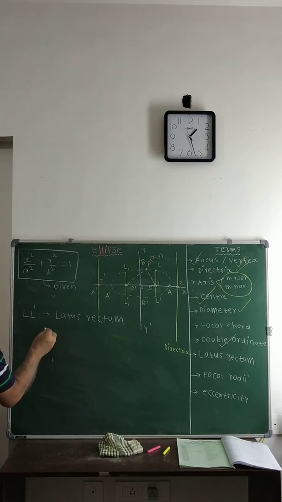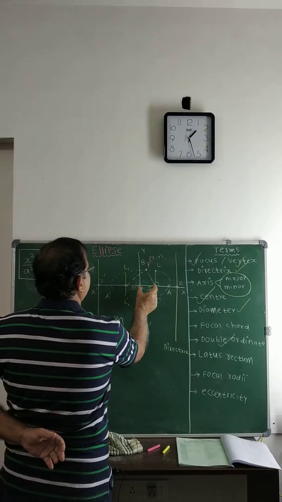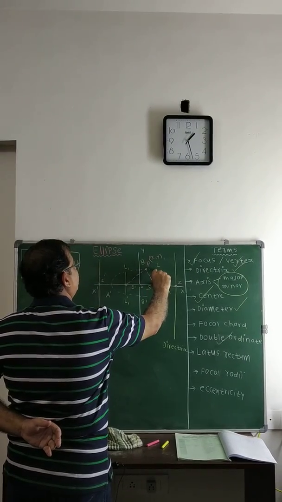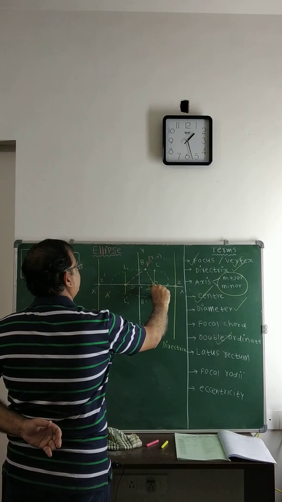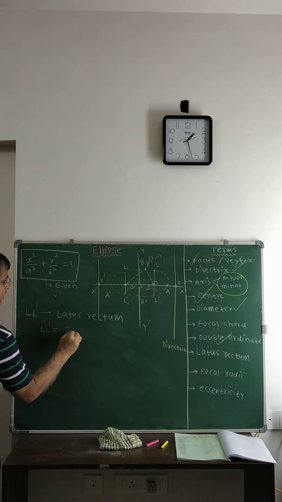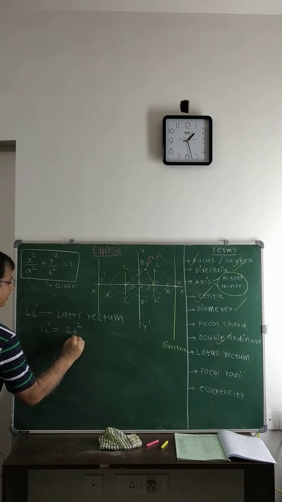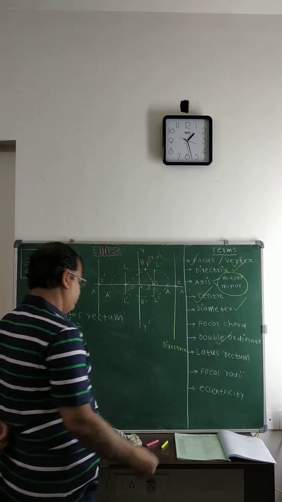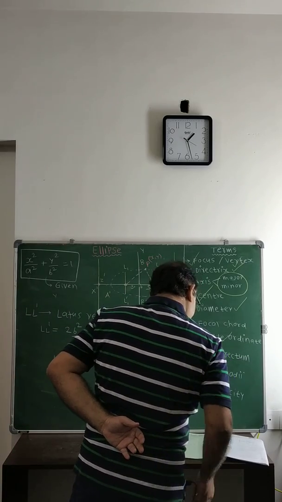Most of the time we are interested in what is this length L dash, and we know what this coordinate is. This coordinate is AE. So I can calculate what is this y coordinate. Both are same. If we calculate, it happens to be this quantity: twice b square by a, which is already given in the theory book, which is available to you.